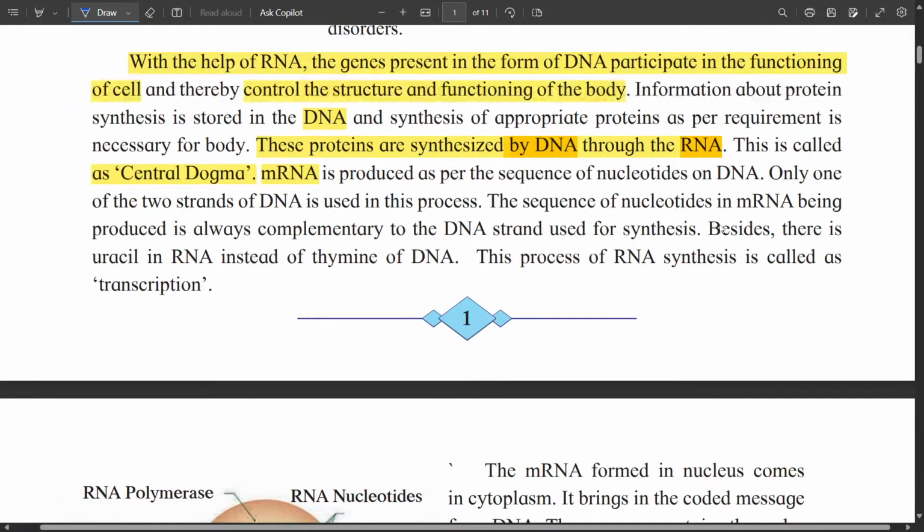Only thing is that instead of thymine in the DNA, there is uracil in RNA. Only one nucleotide is different, and this process is called transcription. It is the process of RNA synthesis, meaning the process of creating mRNA by reading the codes in the DNA.